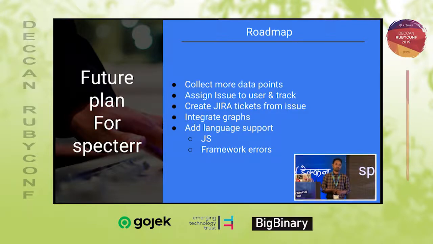We are also planning to have user roles and assigning of issues to the user who is working on them. We are also planning Jira or GitHub integration so that you can create Jira or GitHub issues right away from the mounted application. Also, we are planning to have more graphs integrated, and JavaScript, React, or other framework support in the future.